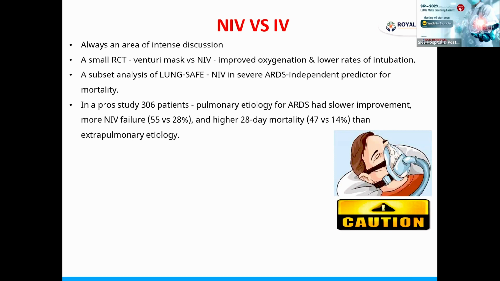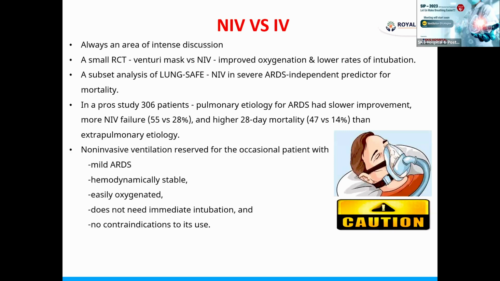And in a large prospective study, again, they found that in ARDS with a pulmonary etiology, such as pulmonary edema, pneumonia, lung contusion or aspiration, the improvement is going to be less and the mortality is going to be high. So if at all you're going to use it, you can use it in patients with ARDS because of an extrapulmonary etiology.